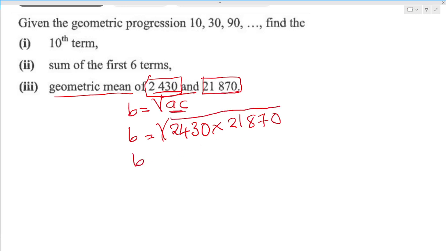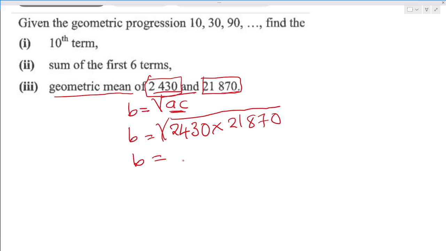Okay? B is equal to, then you multiply. So if your calculator is unable to punch everything at once, you can say 22,430 times 21,870. Then the answer you find, you're going to square root it.